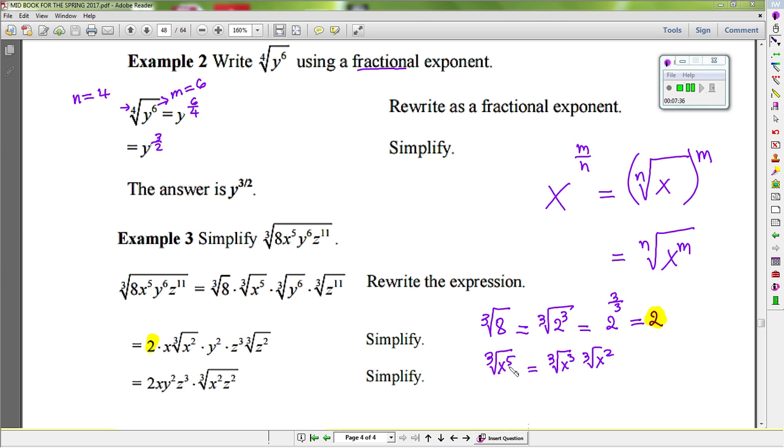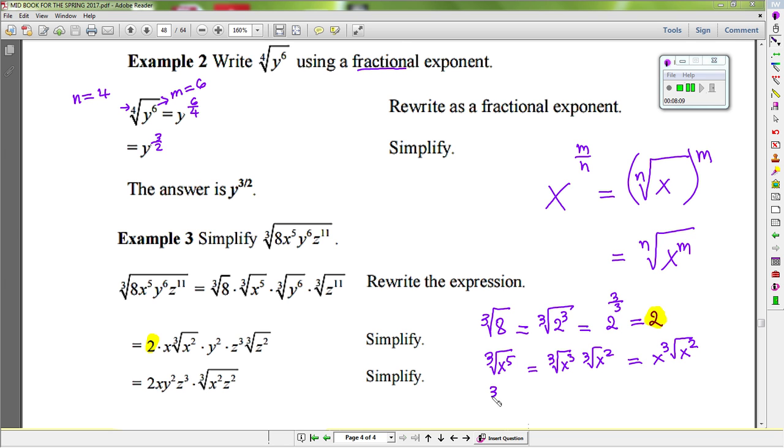Why? Because x to the power 5, using the product rule of the law of exponents, is x cubed times x squared. So now this will give me just x, and the second term I cannot simplify, so it will stay the same. That's why we have x times cube root of x squared.